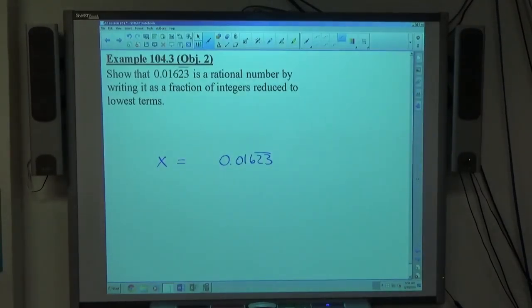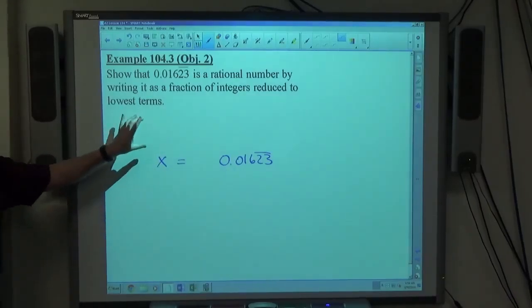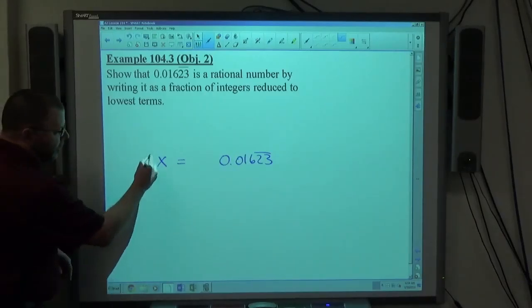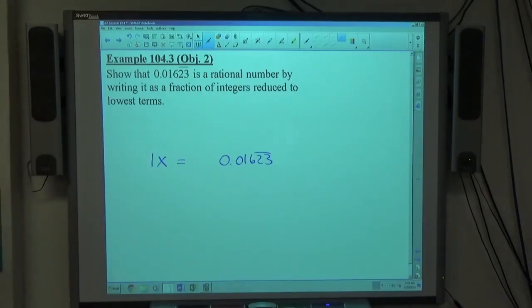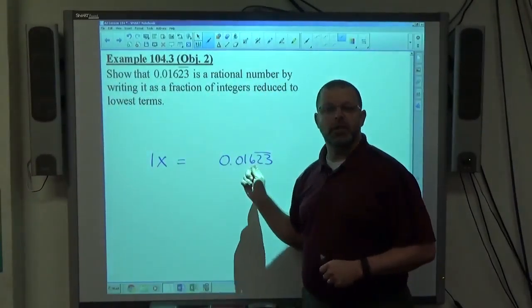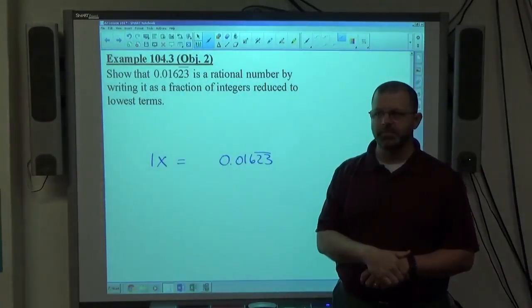Again, there's a blank space above it, so on a piece of notebook paper, leave the top line blank, write this on the next line down. And I might even put a 1 in front of the x just for effect. What I've done here is I've established that x equals the number that we care about. So this number here is now referred to as x.